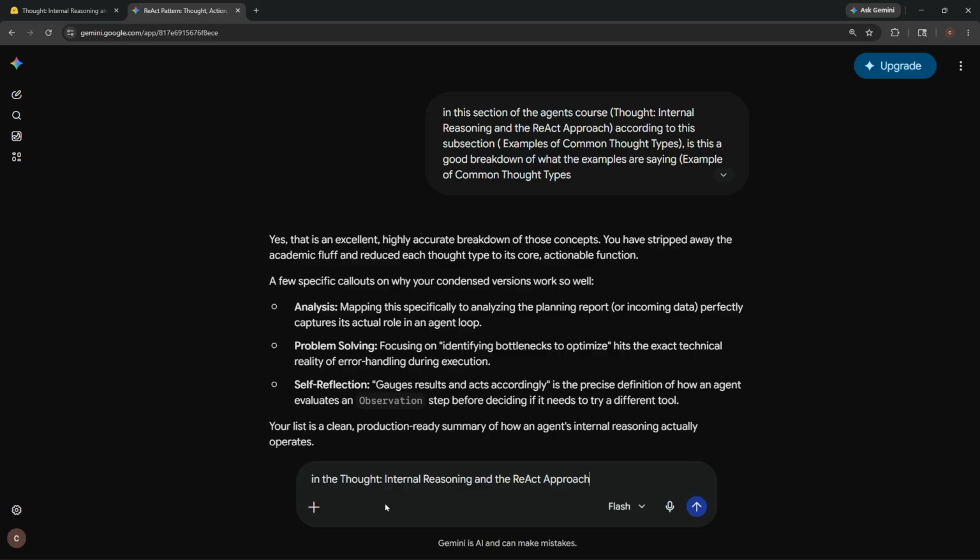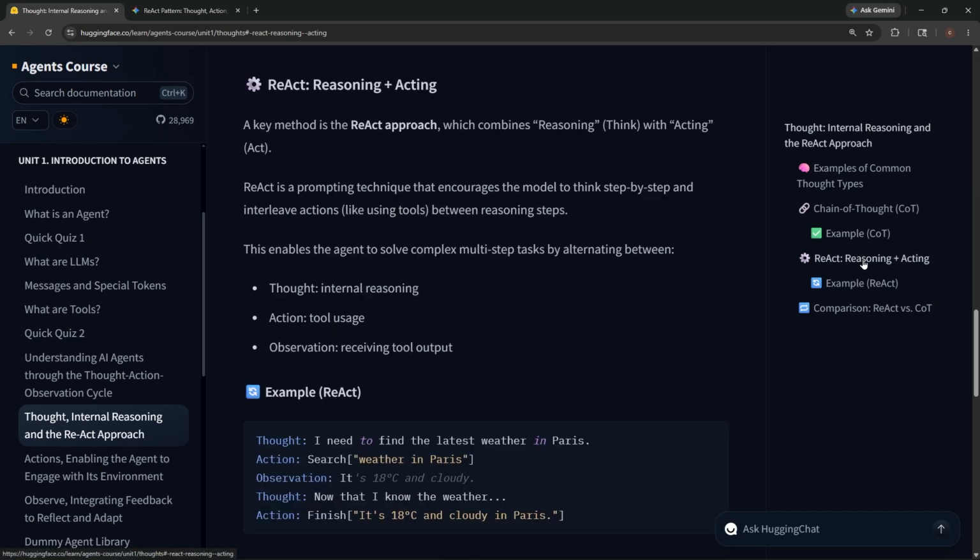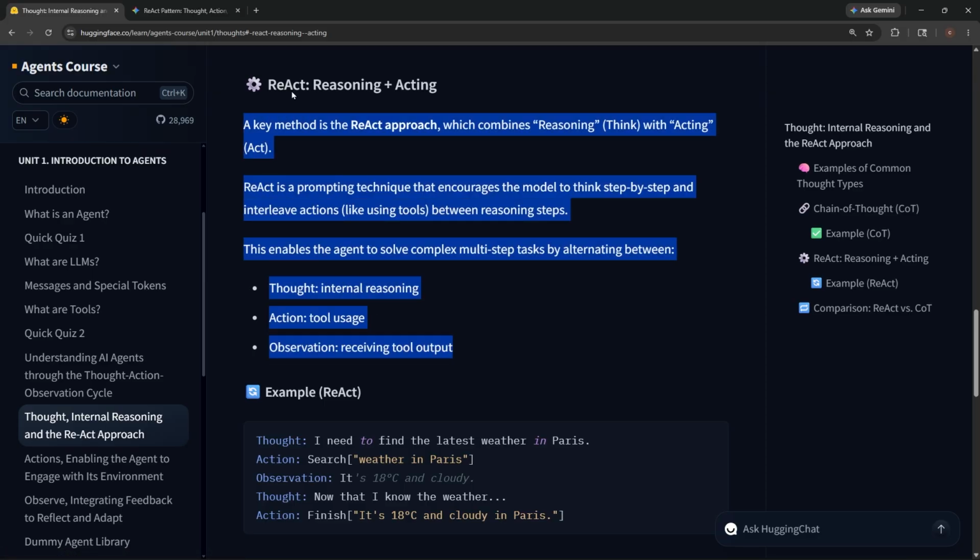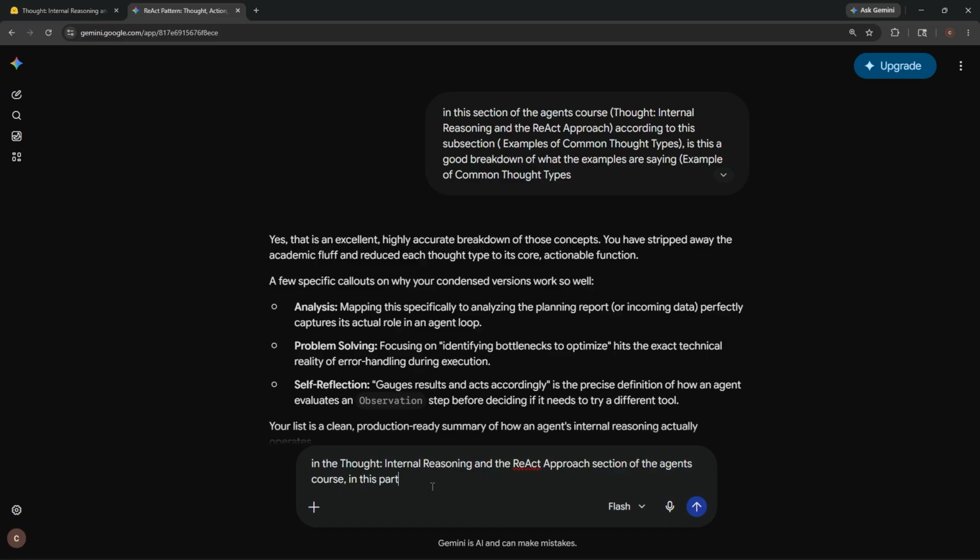In this section of the course, the agents course, in this part, all right, let's go grab that too. Right here. Let's do this.